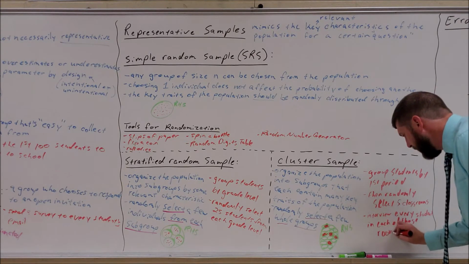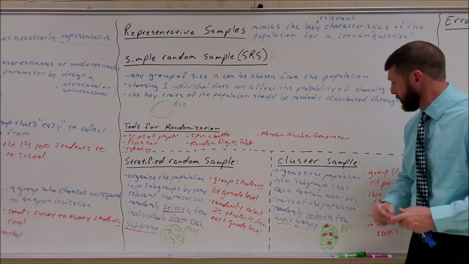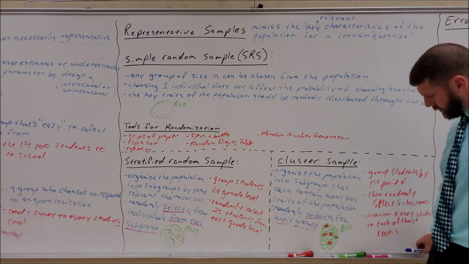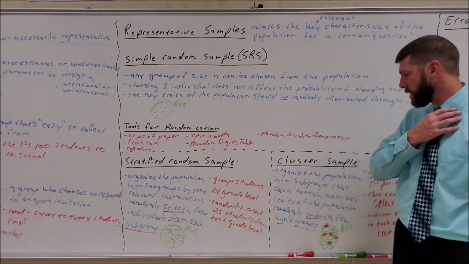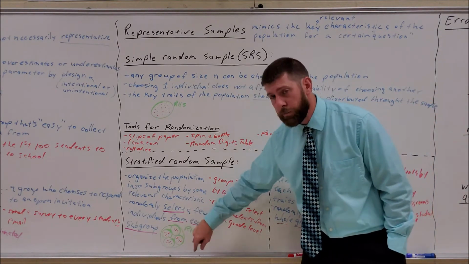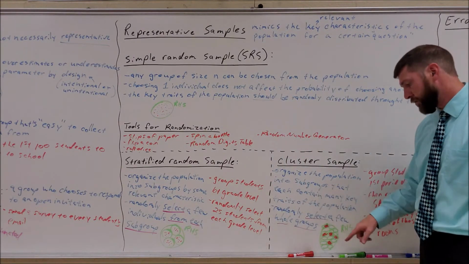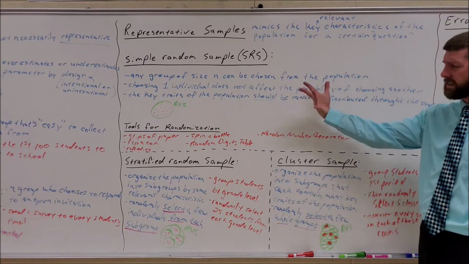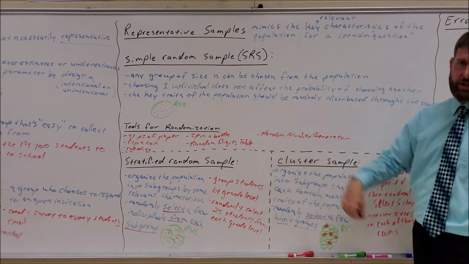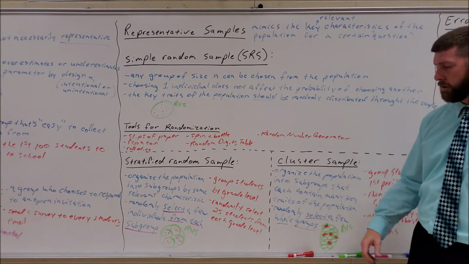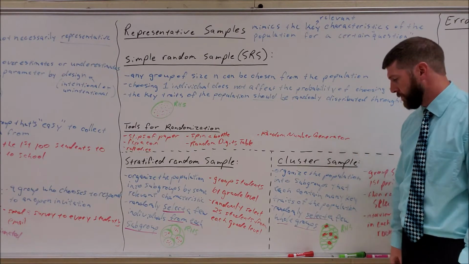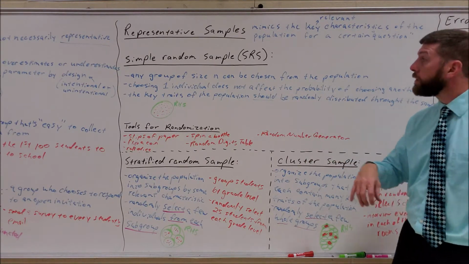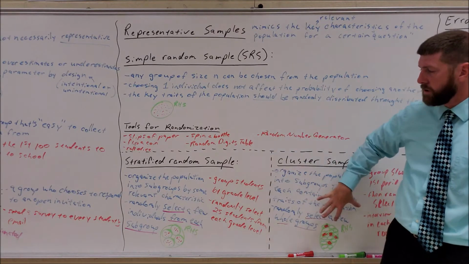So this is the big thing with distinguishing between stratified sample and cluster sample. Both of them you're putting into subgroups. One, you're getting a few people from each subgroup. Here you're grabbing everybody within a subgroup. Now, as I explained before, we could do combinations of all of these and do, like I said, multi-stage sampling. But for this course right now, I just want you to think of them as individual things.